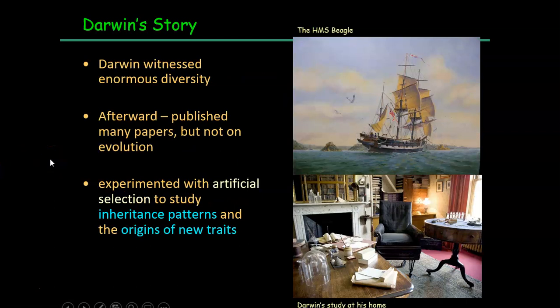Okay, so on Darwin's voyage, as you can imagine, he was able to witness tremendous amounts of diversity, from the hot, steamy coastlines off the Brazilian and Venezuelan shoreline, all the way down to the really cold and kind of barren landscapes of the coastline of Tierra del Fuego at the bottom of South America.